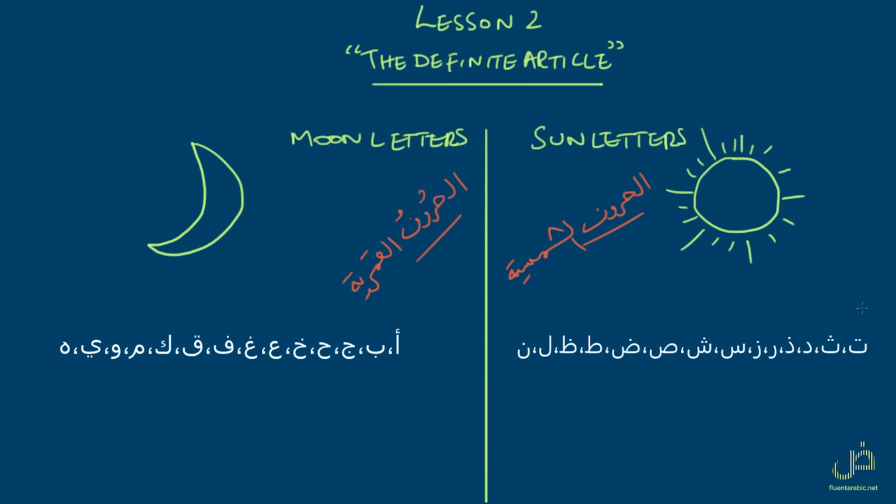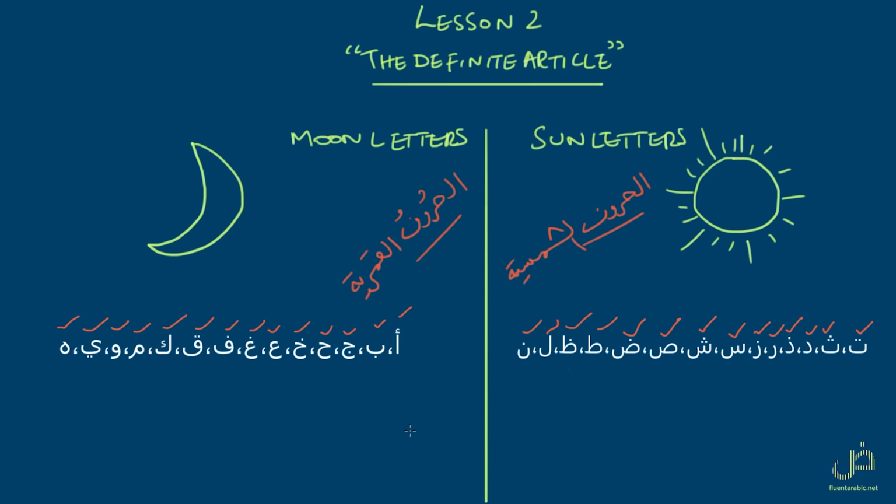So these are the huruf shamsiyya: ta, tha, dal, dhal, ra, za, sin, sheen, sad, dad, ta, za, lam, and nun. And for the qamariyya, we have the hamza, ba, jim, ha, kha, ain, ghain, fa, qaf, kaf, mim, waw, ya, and ha.